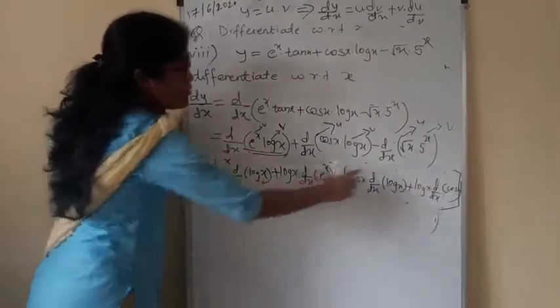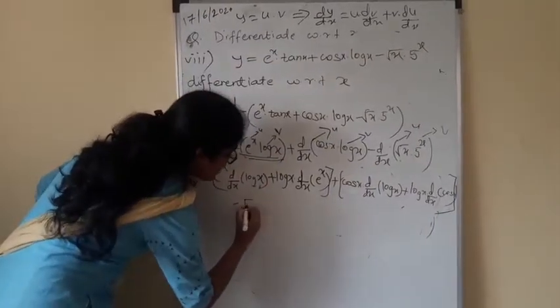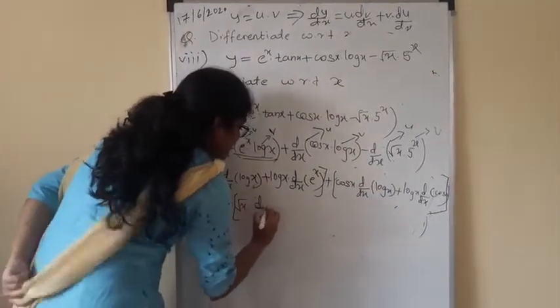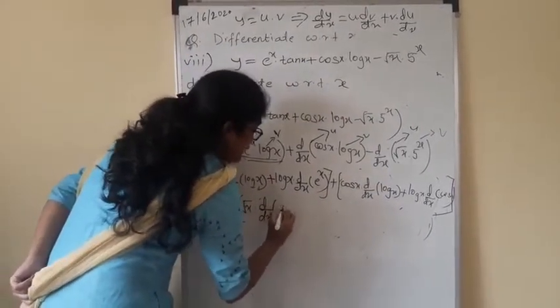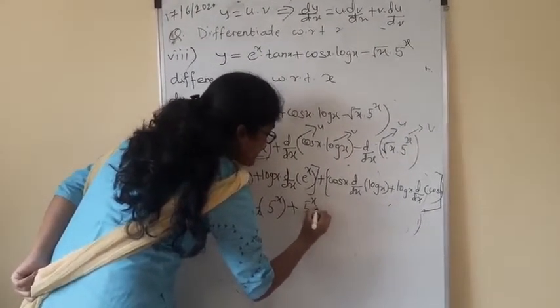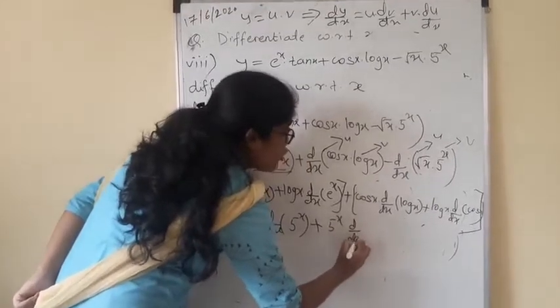So u as it is, root x as it is, into derivative of 5 raised to x plus 5 raised to x as it is, derivative of root x.